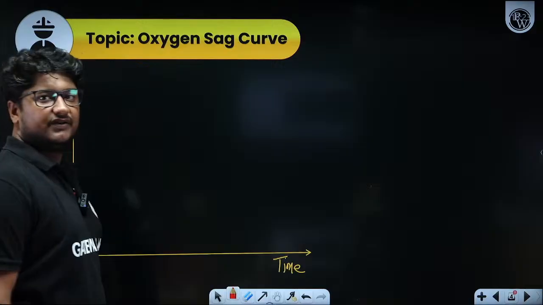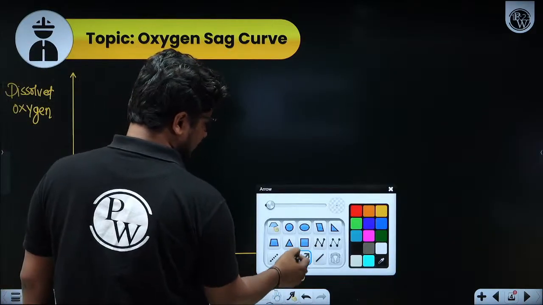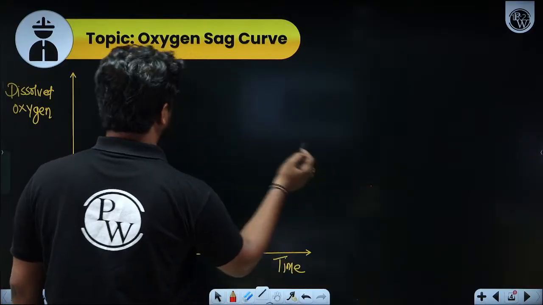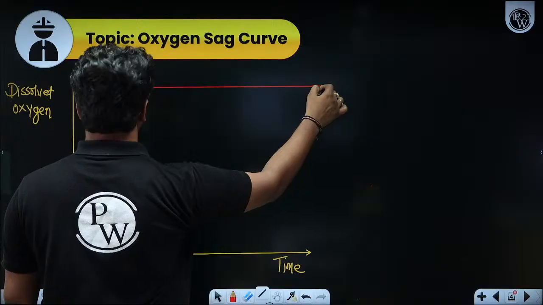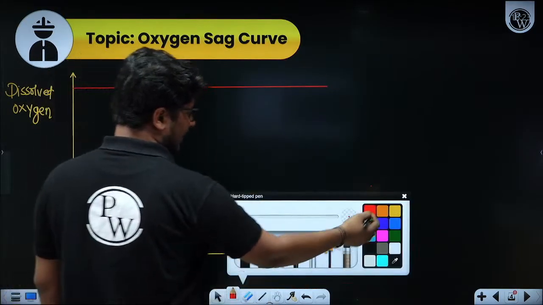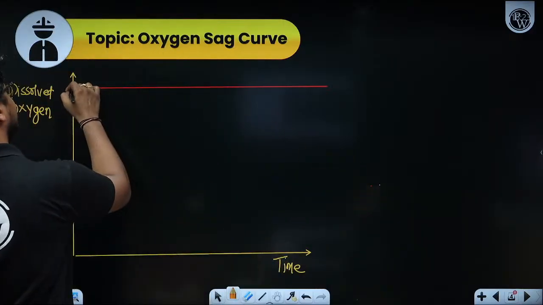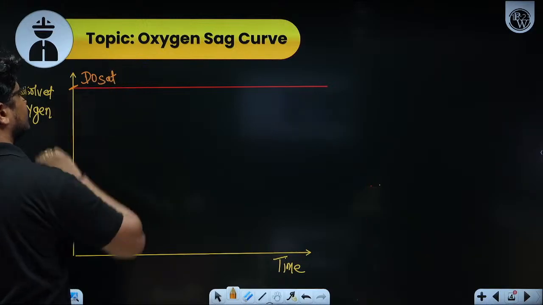Every river water has a saturation capacity, which we call the saturation dissolved oxygen concentration. I am denoting this as DO saturation. This point tells you about DO saturation.